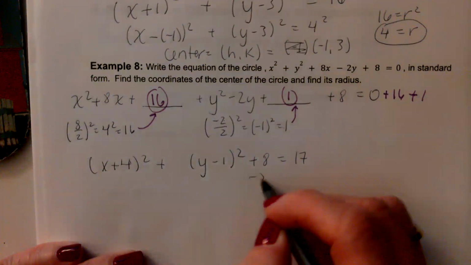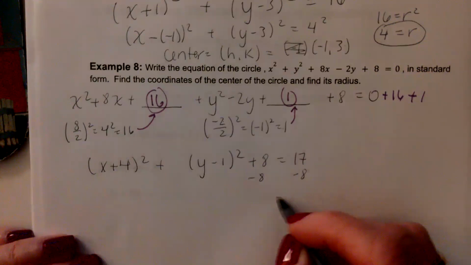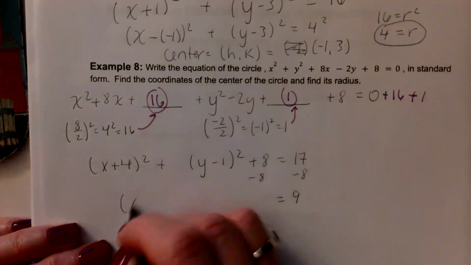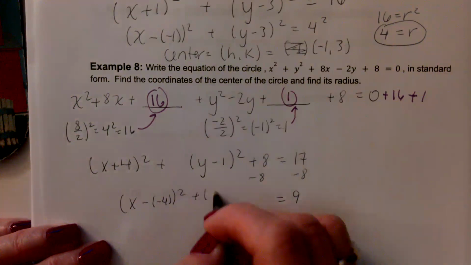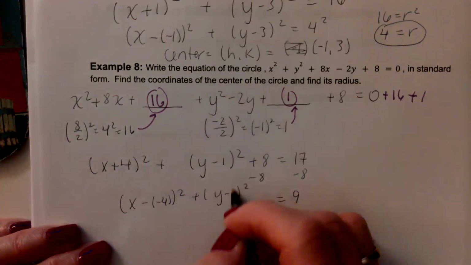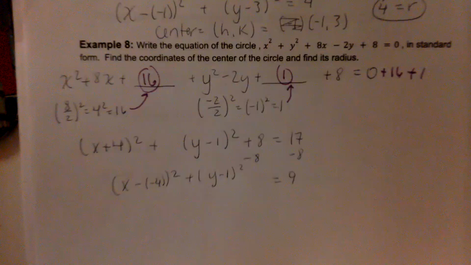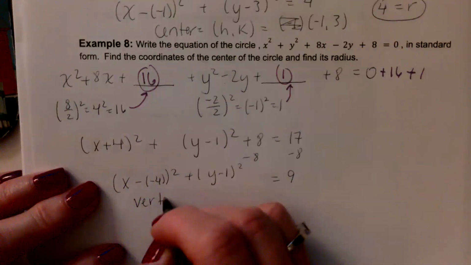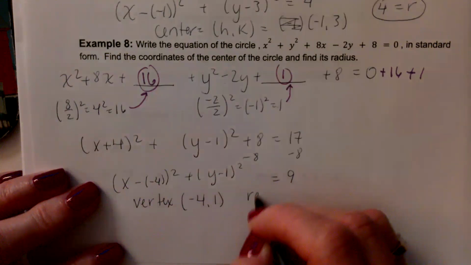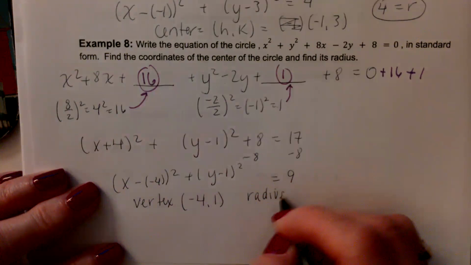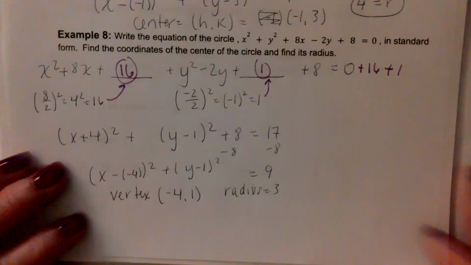But I'm going to subtract 8 and move it over here. So that'll really be 9. And this can be written as x minus a negative 4 squared plus y minus 1 squared. So we can see that my center is at negative 4, 1, and my radius is equal to 3, the square root of 9.